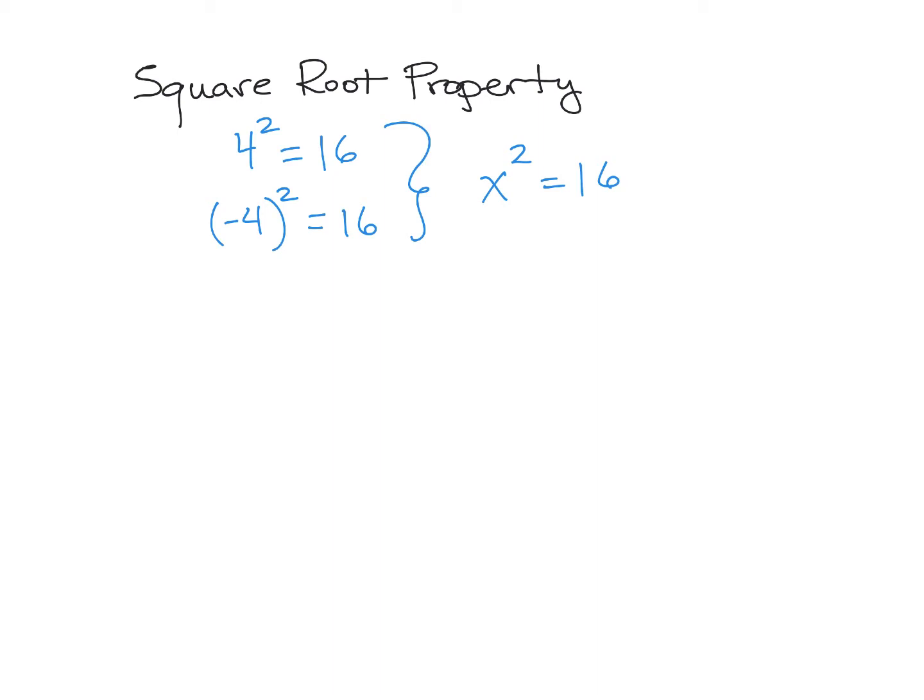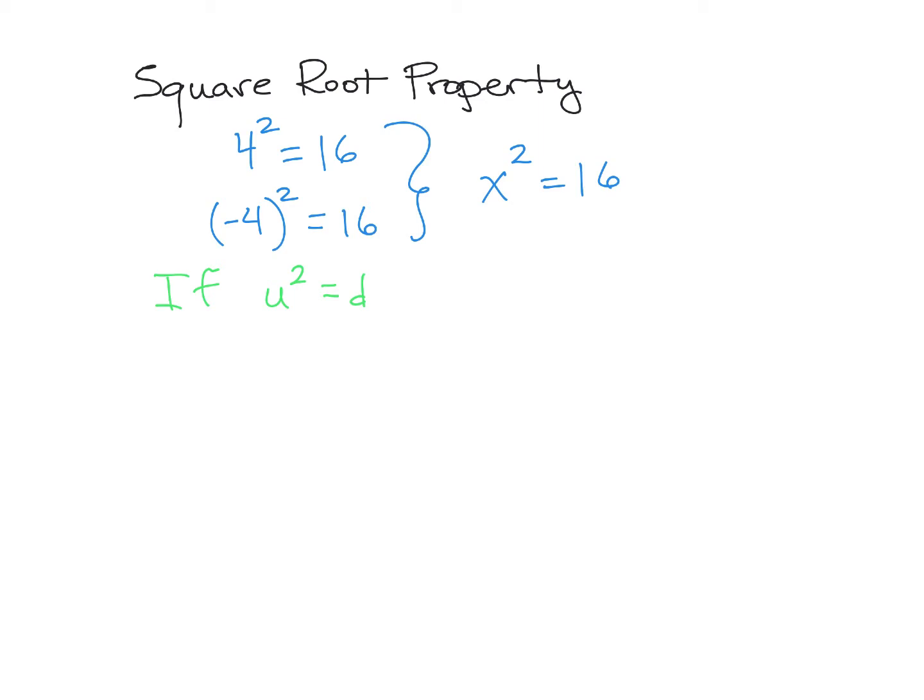Okay, square root property says if u squared, and I'm going to use u here to represent anything, okay? Maybe it's a value or a variable or an expression, but here's the inspirational message for the day. U can be anything. If u squared, if something squared equals, and I'm going to say d, and let's just think of d as being a constant for simplicity.